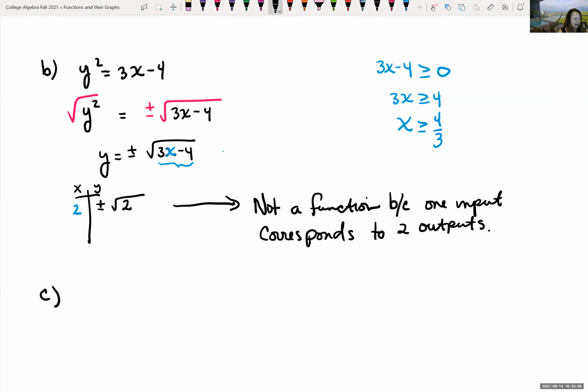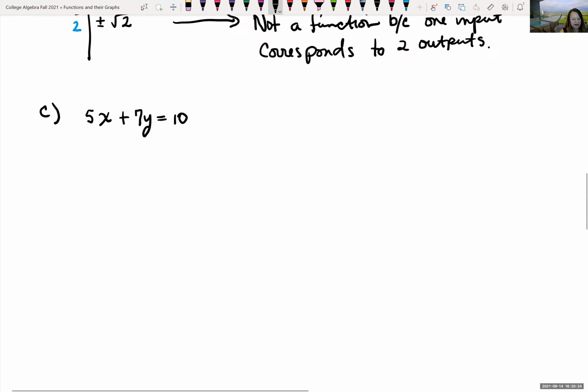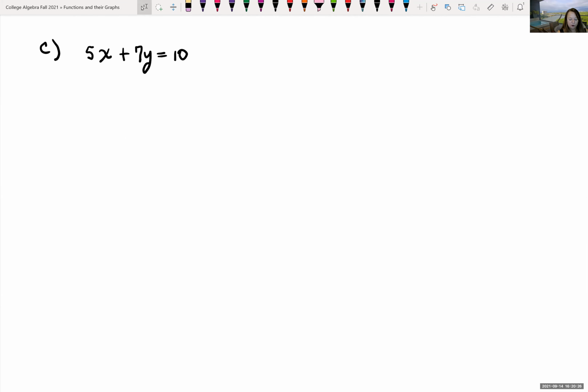So let's look at the following. 5x plus 7y is equal to 10. So again, we're looking at this and we want to see if this is a function or not. I notice that it's not in the form of y equals, but after that last chapter, I can tell that this is a line and it's actually in standard form.